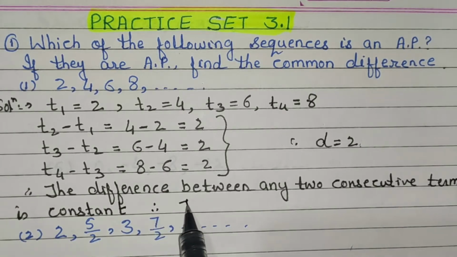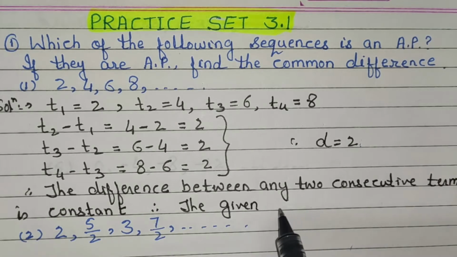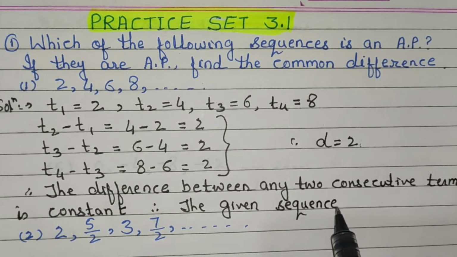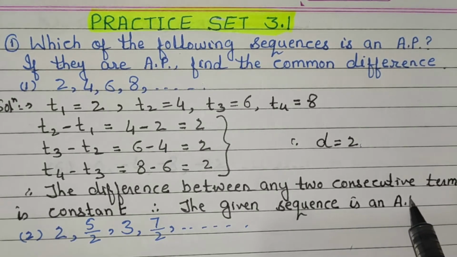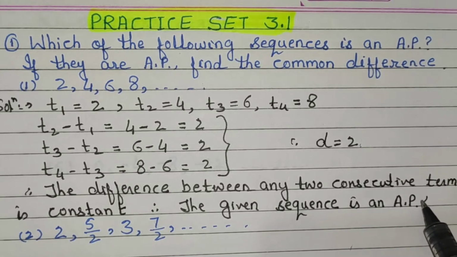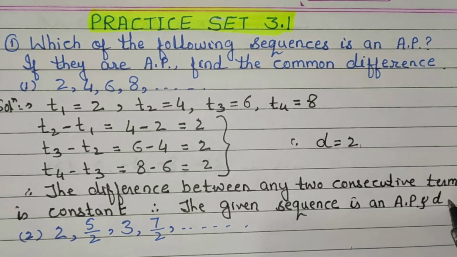Therefore, the given sequence is an AP. And common difference, the value of common difference is 2.